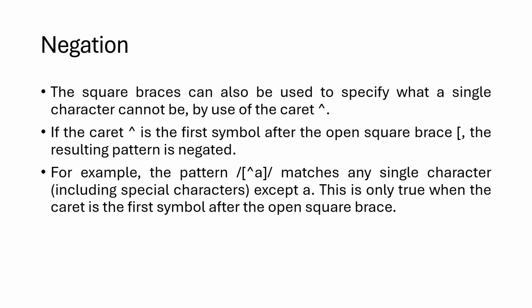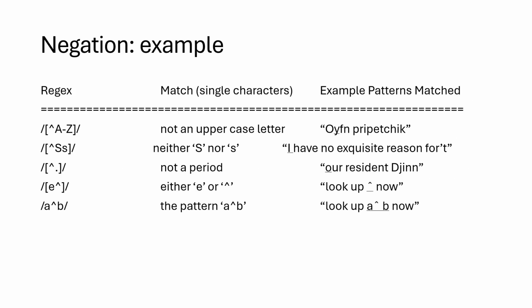In this example, we don't want any uppercase letter while searching, so it won't match A to Z uppercase letters. That's why we start with a caret symbol. Similarly, in the next example, we don't want either lowercase s or uppercase S in the search process. That's why we use it like this.